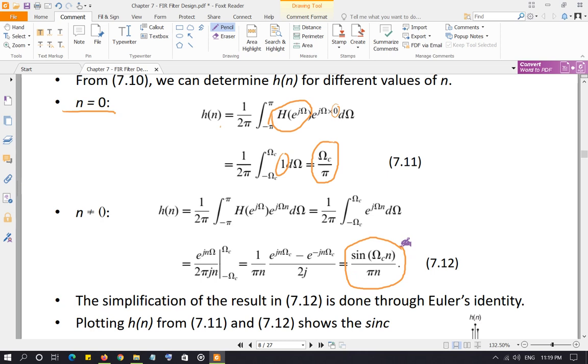So these are the coefficients of the transfer function, but that transfer function is the non-causal transfer function, right?